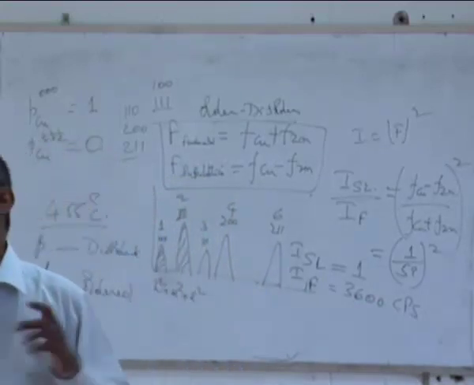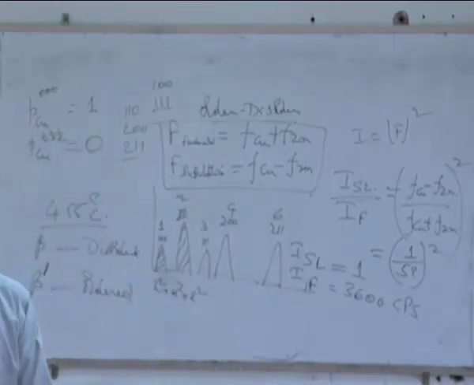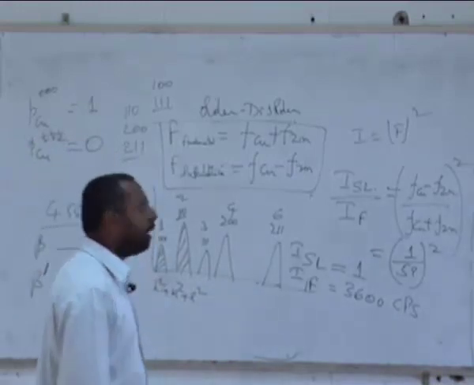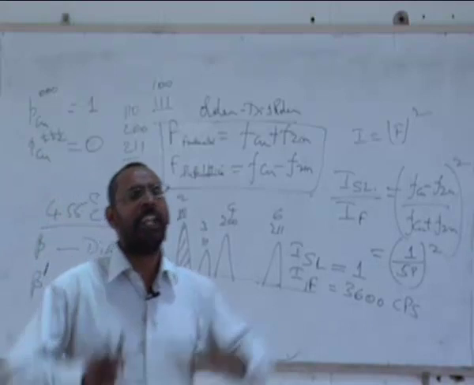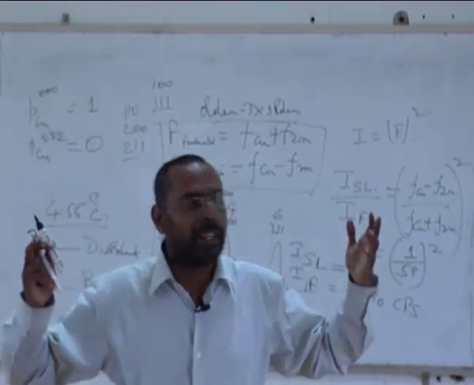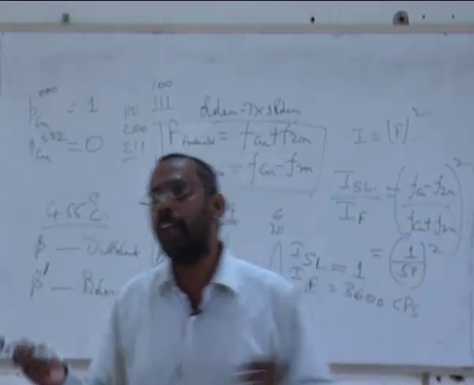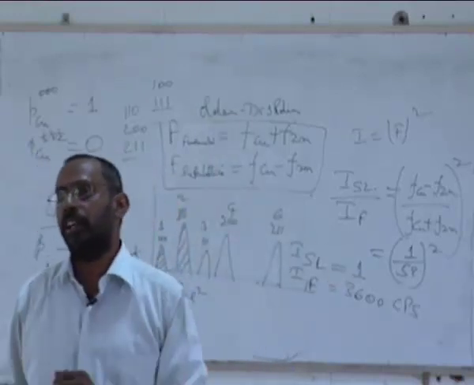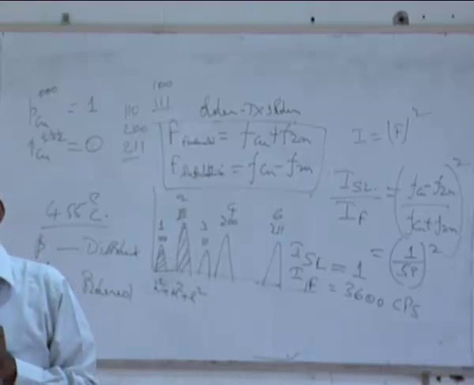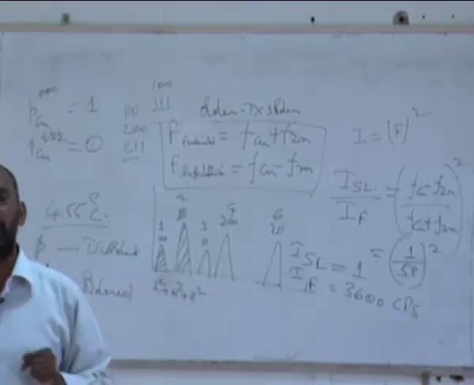That is the reason why electron diffraction is very useful in this kind of case. It is useful because the electron beam that I am using has a very high intensity. I am using either a 100 kV machine or a 200 kV machine, so my incident beam has a very large intensity. If my incident beam has a large intensity, my diffracted beams also will have a large intensity.